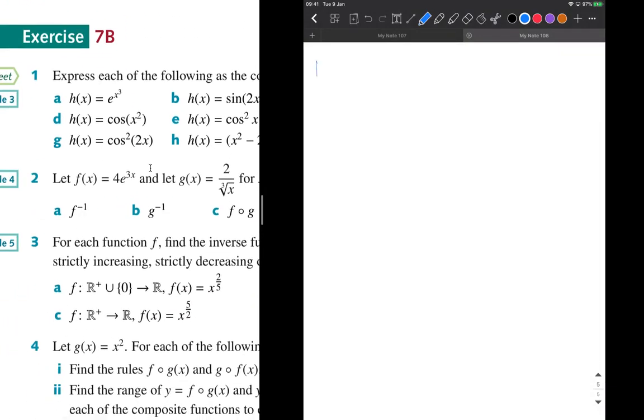Question 1a says express this as the composite of two functions. So we could make f of x e to the power of x and g of x x cubed. So then g would be inside f, so it would be f of g, and that would be what we get here.